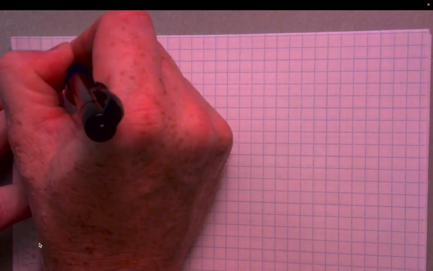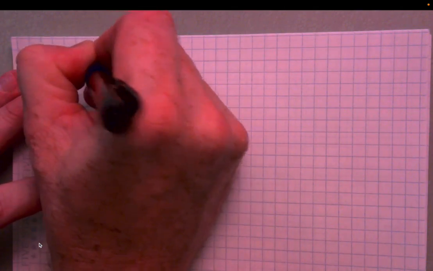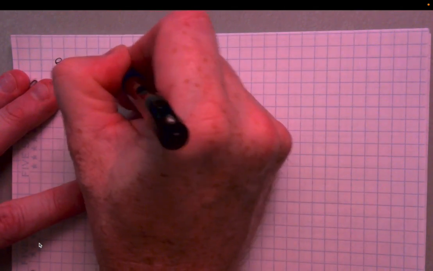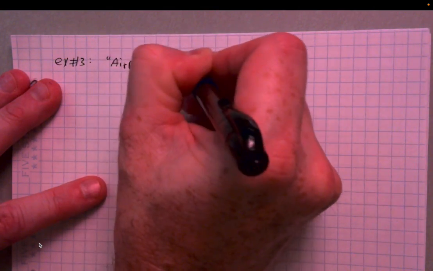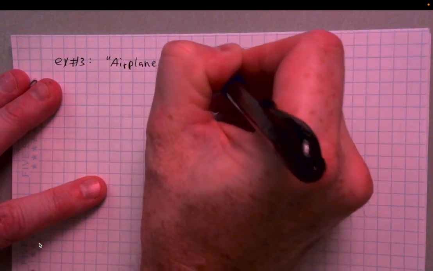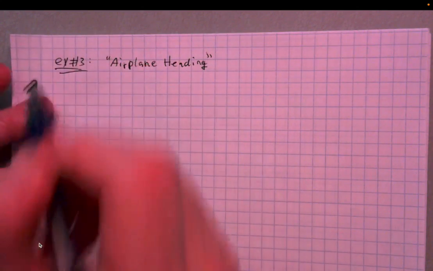So we did that one. The next problem, example 3, is going to be a problem involving relative velocities. So we'll call this example number 3. And this one I'm going to call airplane heading. Okay.